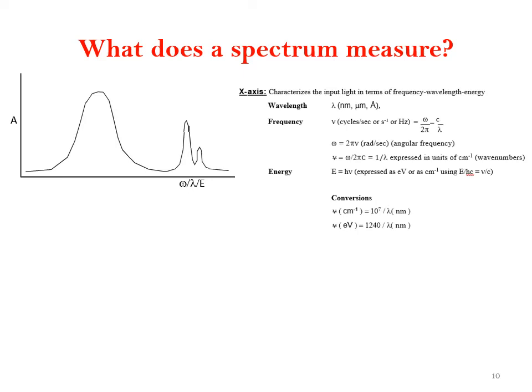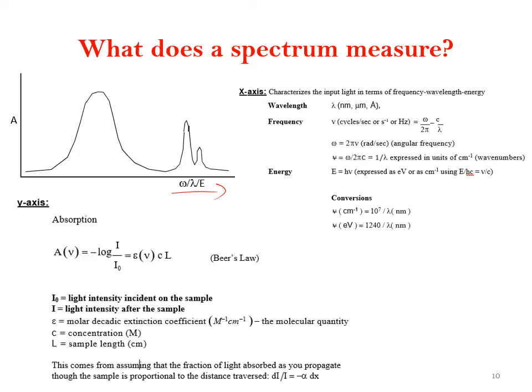The x-axis characterizes the input light in terms of frequency, wavelength, or energy. If there is a change in wavelength, that means there is a change in frequency, which means there is a change in energy. So the x-axis in the spectrum represents the wavelength of the electromagnetic radiation. The y-axis represents the absorption, which can be represented in terms of the Beer-Lambert law.